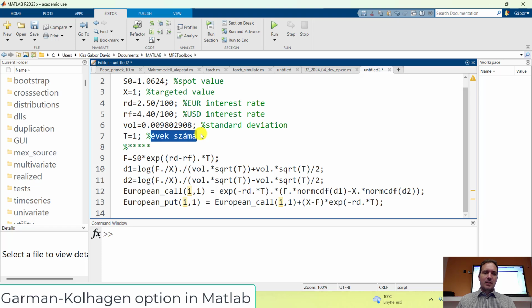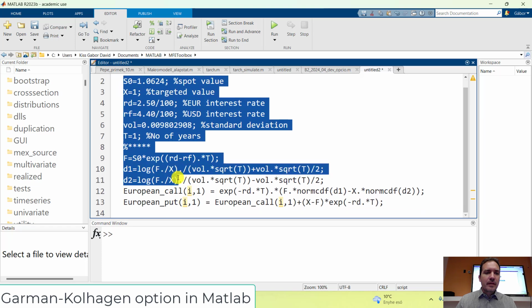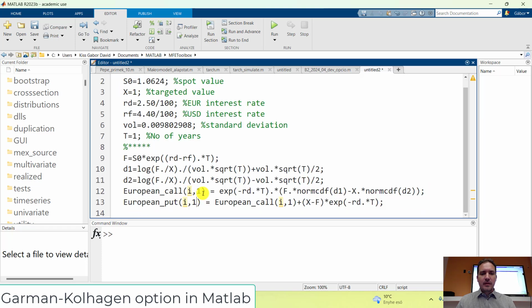And number of years. And still I have to remove these. So you can see that same thing is happening, that non-CDF was used.